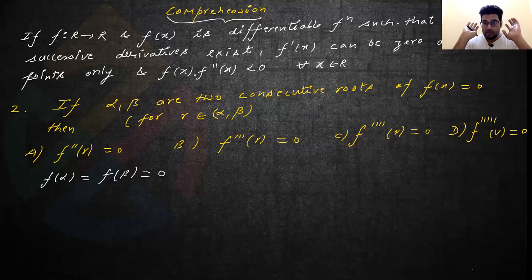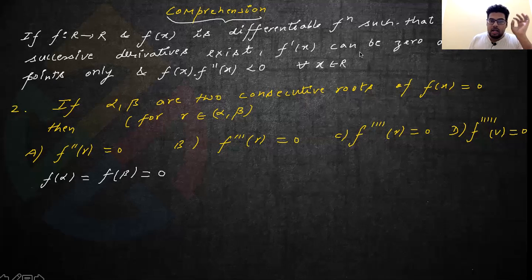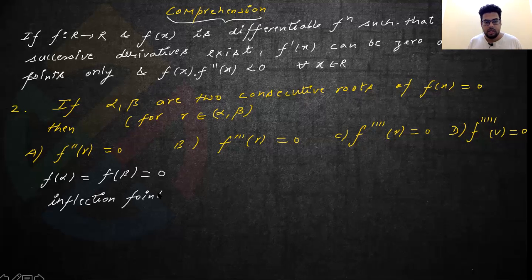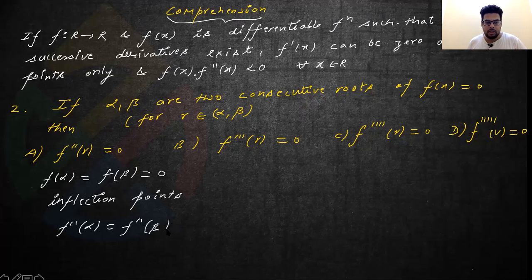So the roots in this case are nothing but the inflection points, and the derivative exists. That is why it is given that the derivative exists. So if these are the inflection points, we know that f double dash alpha equals f double dash beta equals 0, right? This is what we have seen in the inflection points.